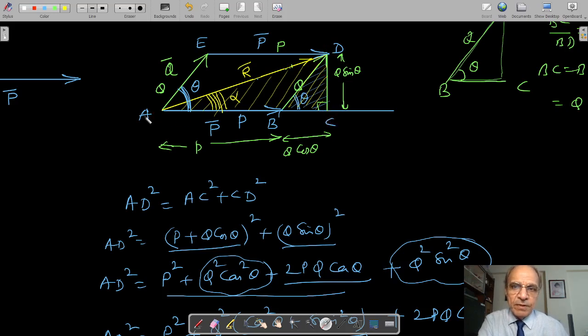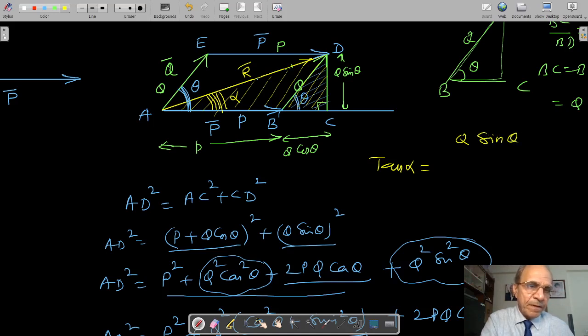DC over AC will be the tangent of alpha, and therefore tan alpha would be DC divided by AC. What is DC? DC is equal to Q sin theta, divided by AC. What is AC? AC is equal to P plus Q cos theta.